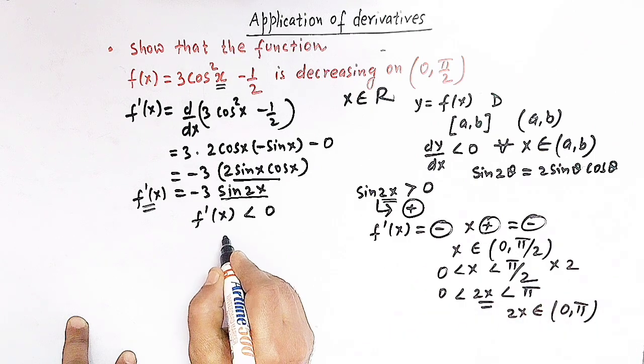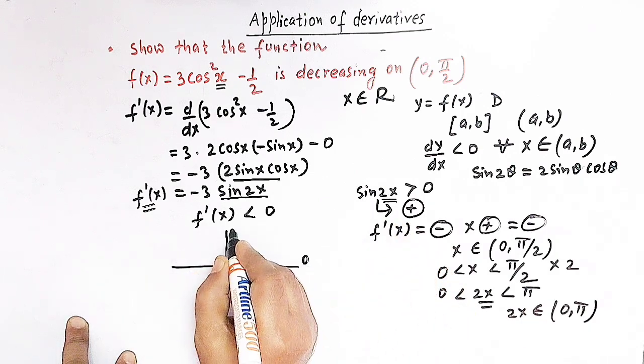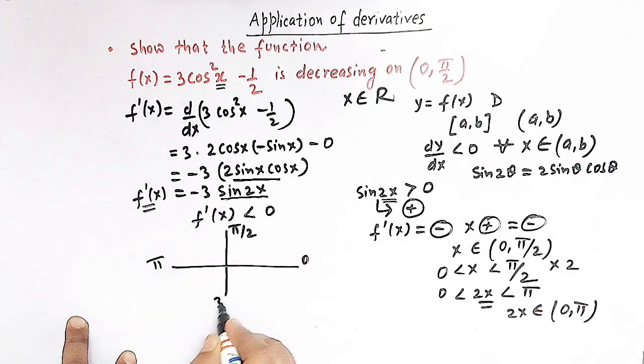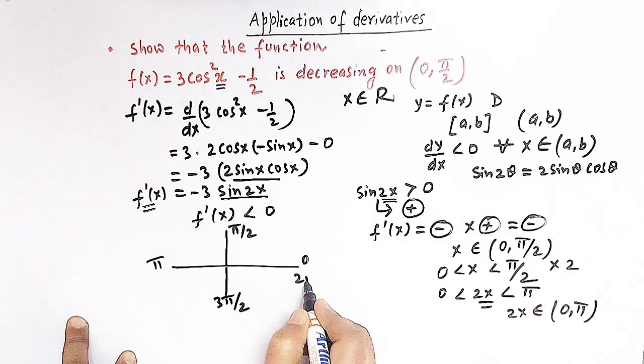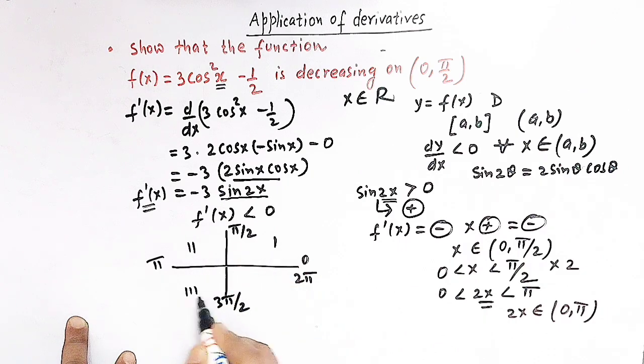If we see the sign convention of the sine function in the four quadrants, here we have 0, here pi by 2, here pi, this is 3 pi by 2, and here 2 pi. This is the first quadrant, this is second, this is third, and this is fourth.